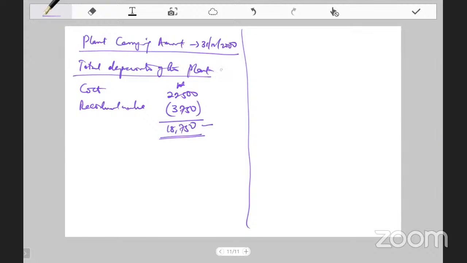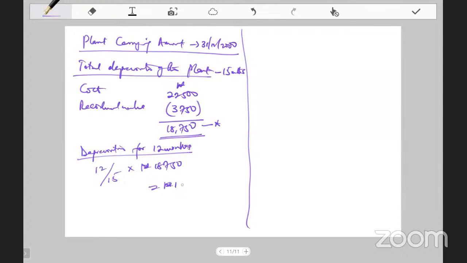Now be very careful. We are saying that this plant, we are using it for 15 months, and the total depreciation will be 18,750. So if I want to know the depreciation for 12 months, what will I do? I will say 12 divided by 15 times 18,750. So what will be the depreciation for 12 months? 15,000.